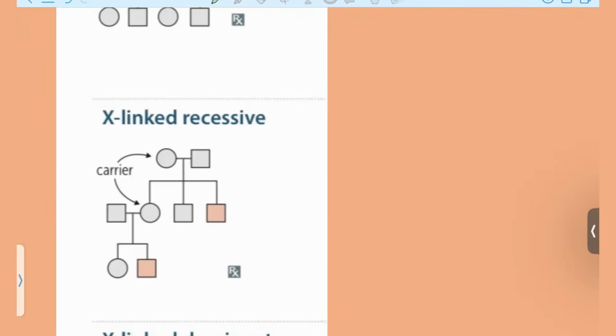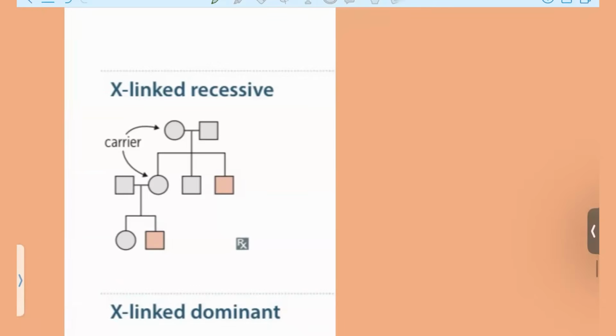Next, X-linked recessive. Here, the female is the carrier, and mostly male patients are affected rather than female patients.